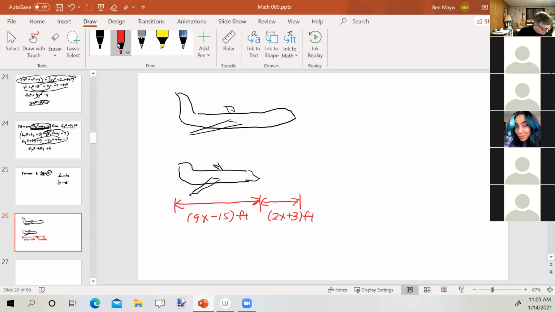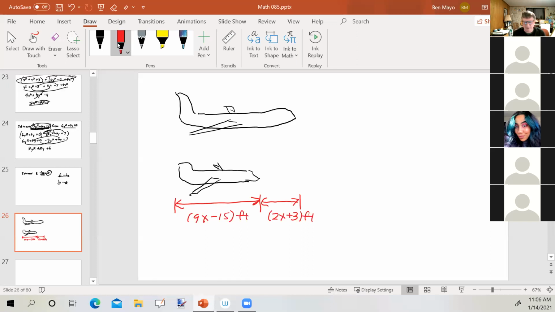It says find the polynomial that represents the length of the larger jet. So the smaller jet, its length is 9x minus 15, the quantity, feet. How am I going to get the length of the larger jet? What am I going to do?